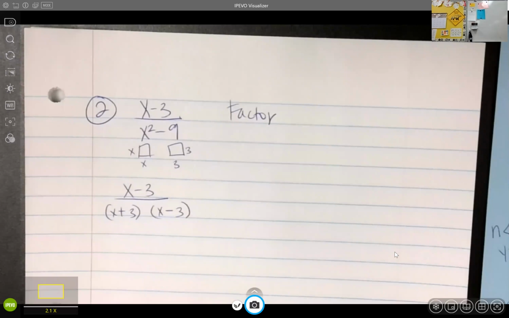Make your little chart like I did on the restrictions and the vertical asymptote and the hole.